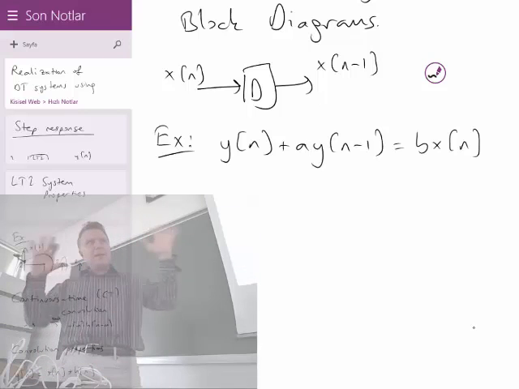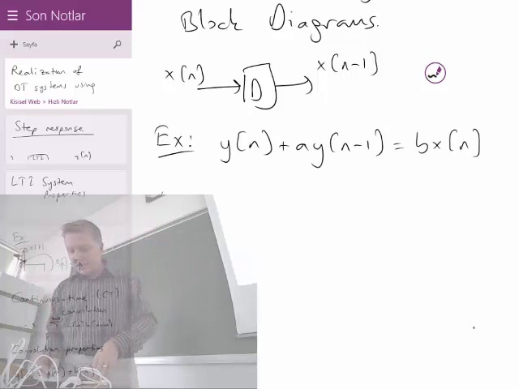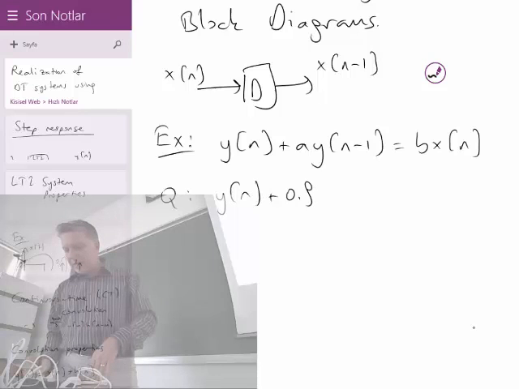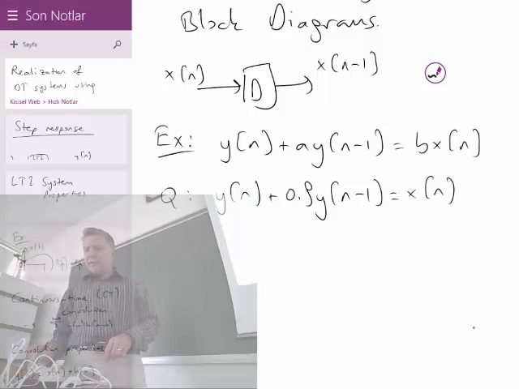It's a question, and do it for your exercise. y of n plus 0.9 y of n minus 1 is equal to x of n. So a is equal to 0.9 and b is equal to 1. That's an example.